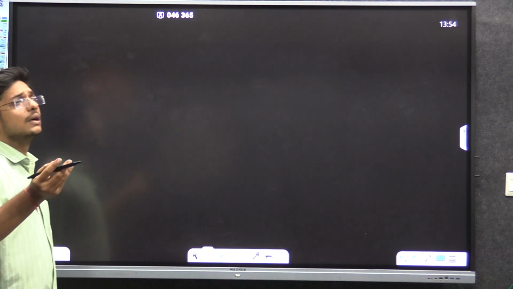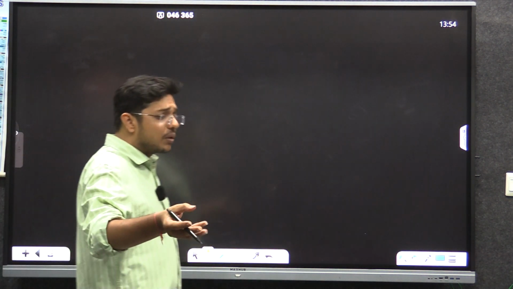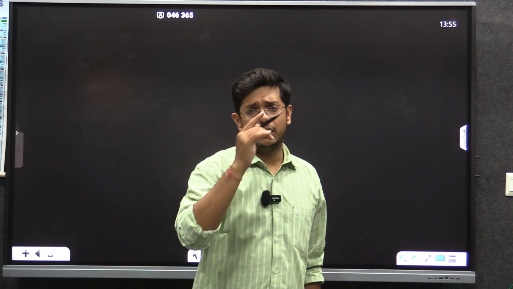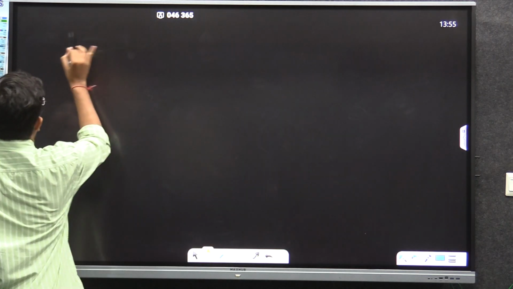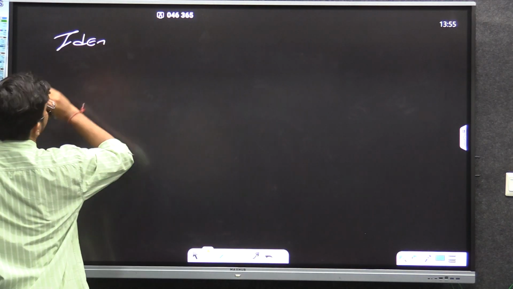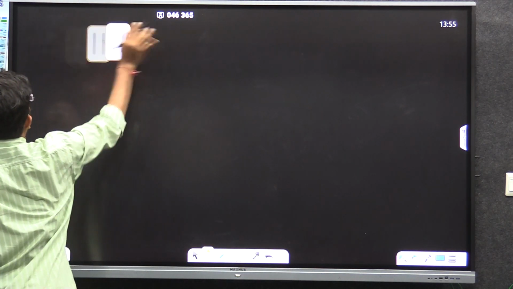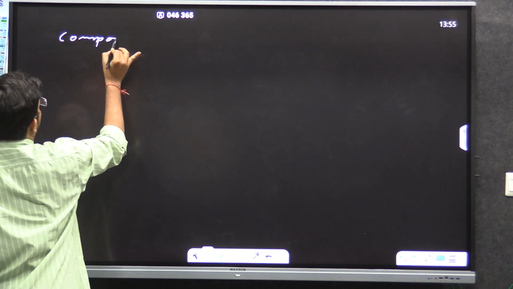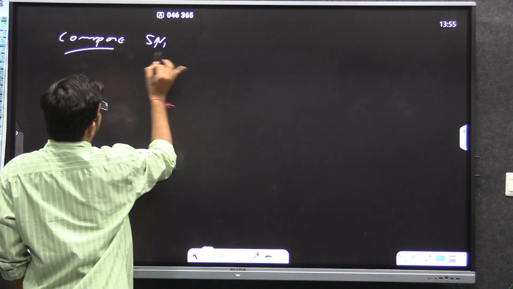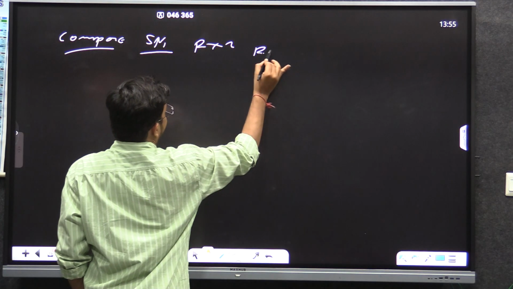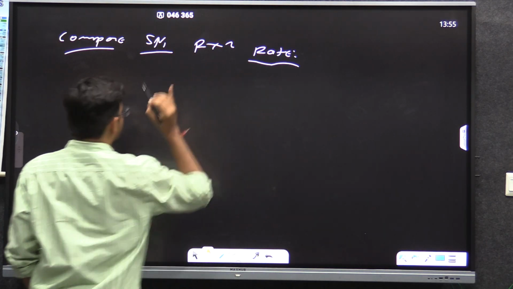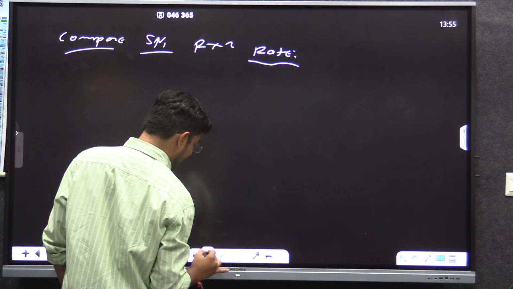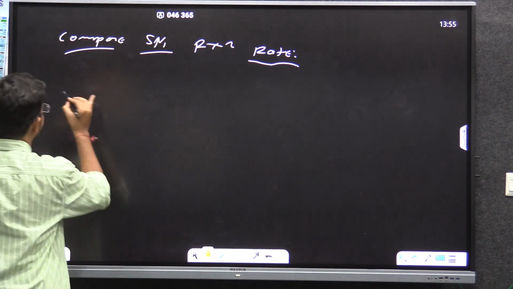We need to identify which carbocation is more stable, or compare the SN1 reaction rate. The question is: compare the SN1 reaction rate.